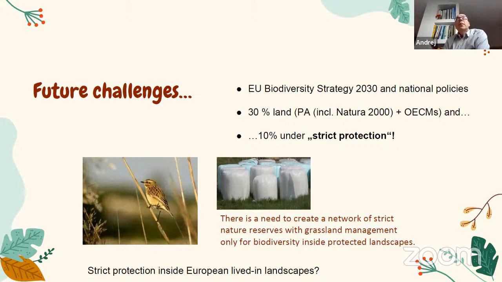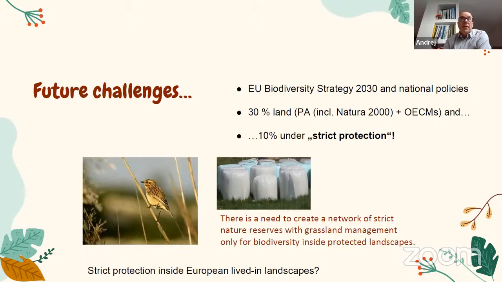And one of the possible solutions could go in the direction that in our protected landscapes and our farmland, we will have to establish strict reserves where no use of grasslands for agriculture will be allowed, but only management of these grasslands for biodiversity conservation, which means mowing once per year at the end of the vegetation and reproduction season.